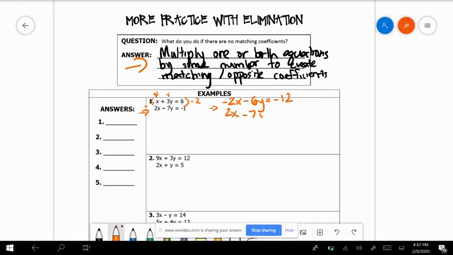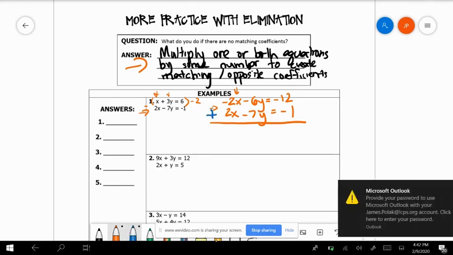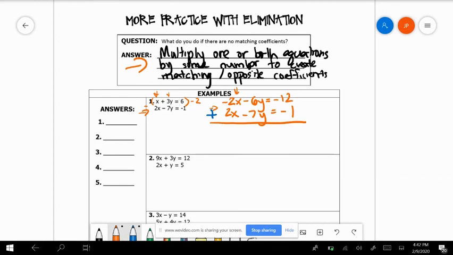And then I'll put my second equation down underneath it. So notice now it looks a little bit more like the first set of problems we were doing, where I've got nicely matched coefficients, and now I can add, subtract, or whatever you want to do. In this case, I want to add, because if I have -2x, I want to add a positive 2x to make them cancel out.